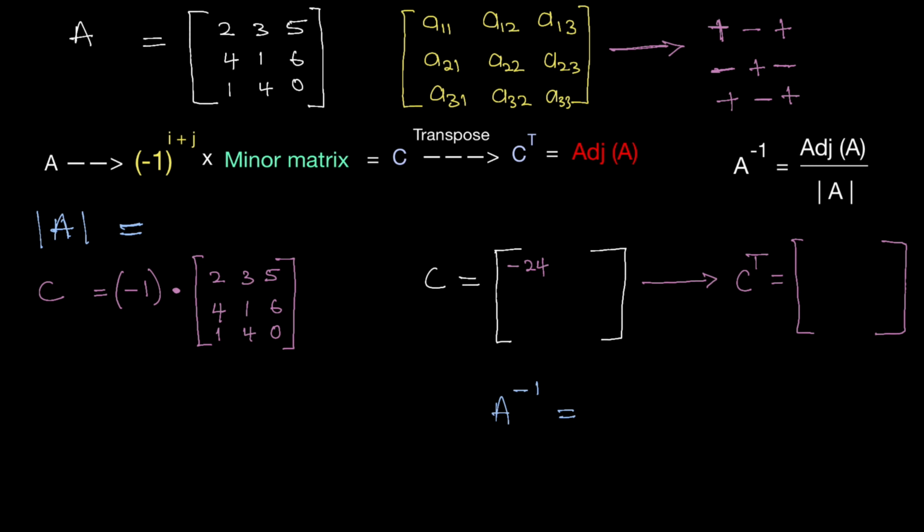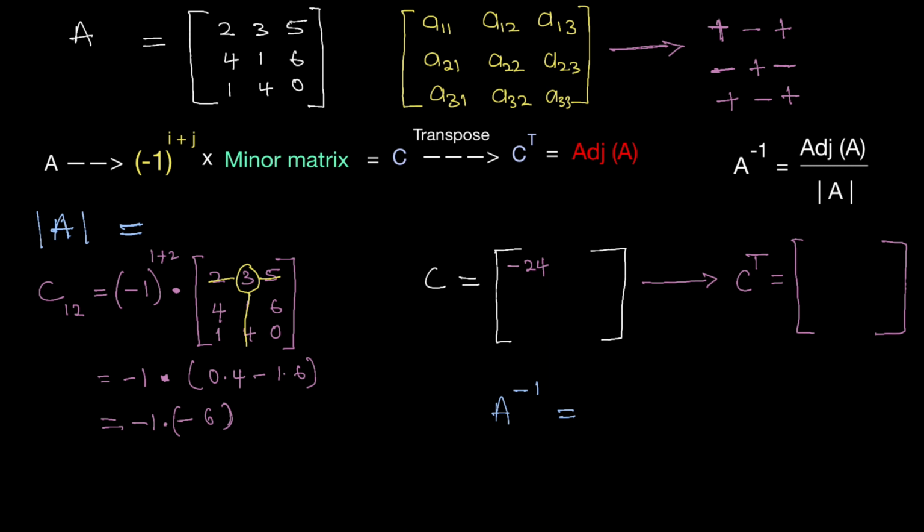Now I need to find C12, and that is 1 plus 2, which would be minus 1, because minus 1 to the power 3 is minus 1. So we write minus 1 times element A12, horizontal line, vertical line, where the minor matrix is 4, 6, 1, 0. We need to find the determinant, 0 times 4 minus 1 times 6, which is minus 6.